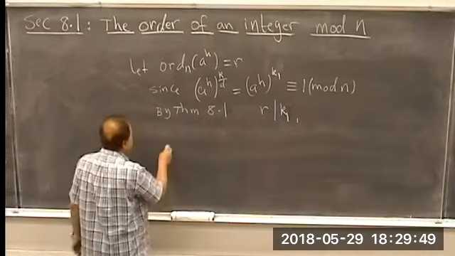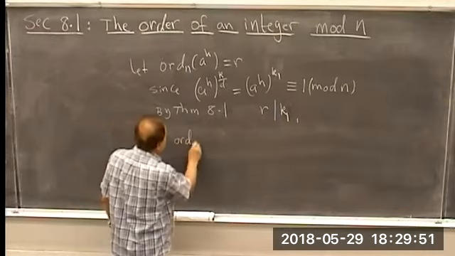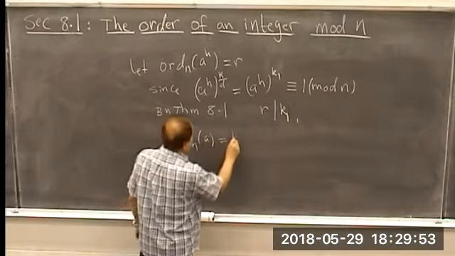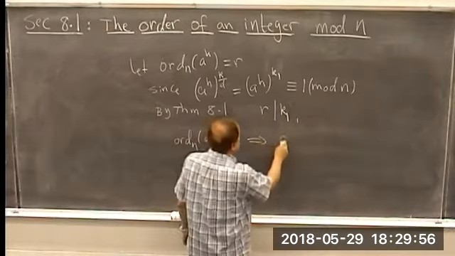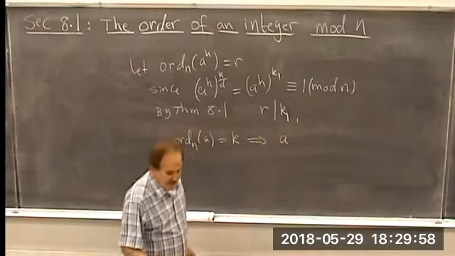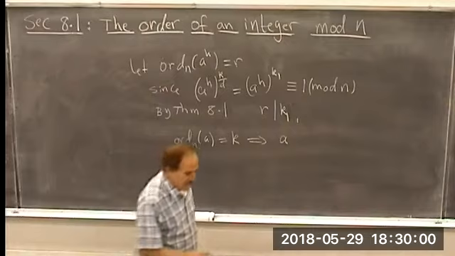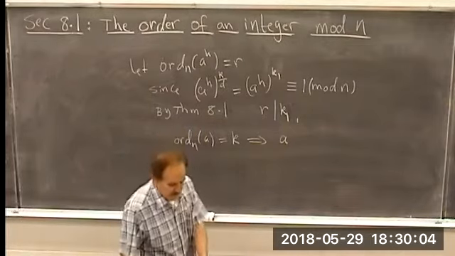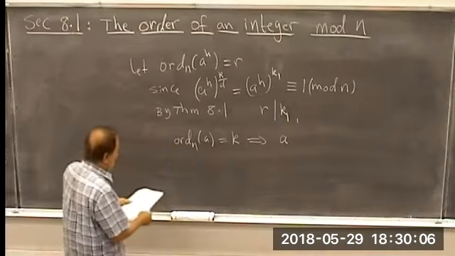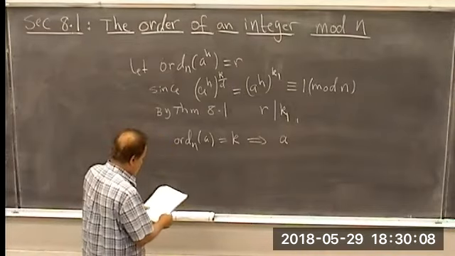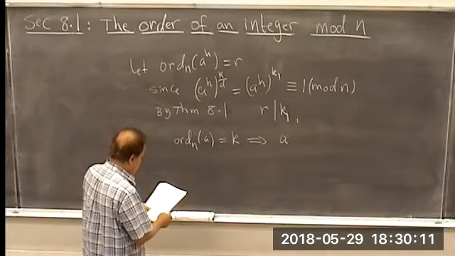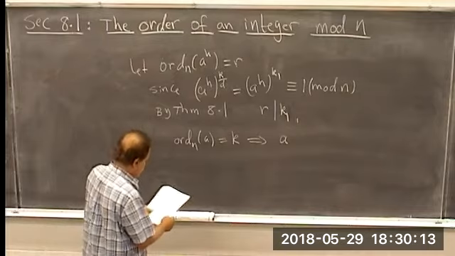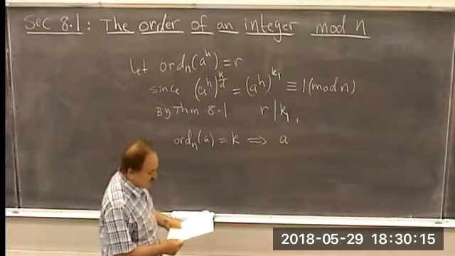Now we have, once again, the order of A is equal to K. So this implies A to the power of, and what is K equal to? Remember that we have K is equal to, let me see it here. Actually, two things.